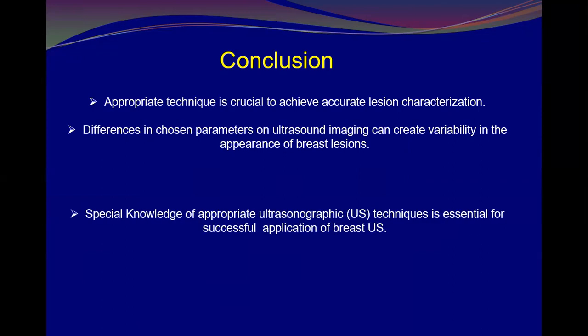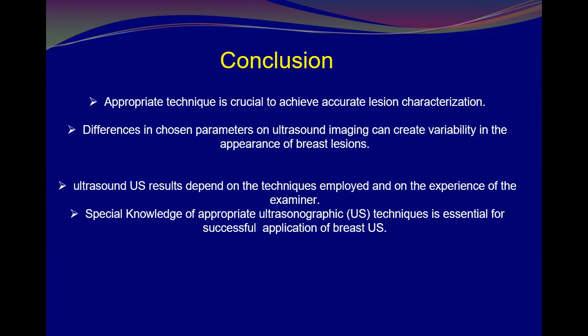Special knowledge of appropriate ultrasound techniques is essential for successful application of breast ultrasound. Ultrasound results depend on the techniques employed and the experience of the examiner. We're talking about handheld ultrasound, which is highly operator dependent.